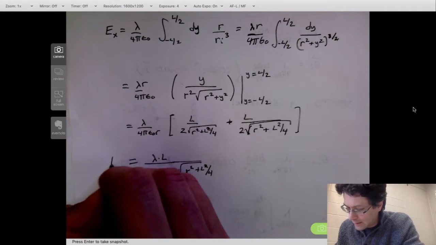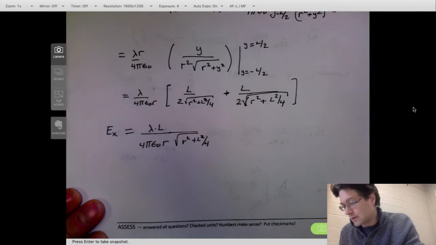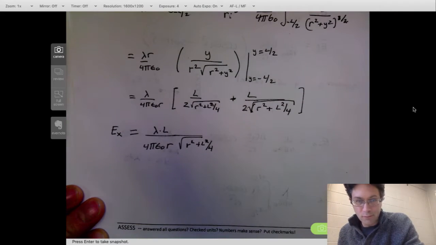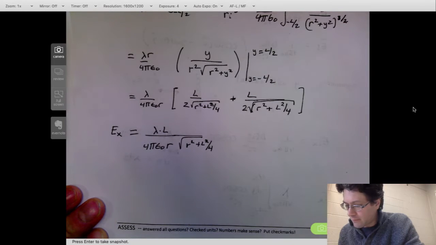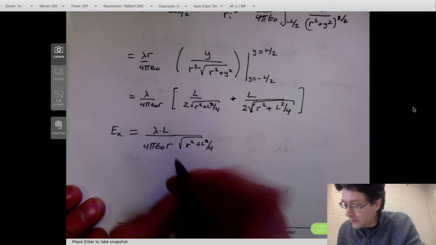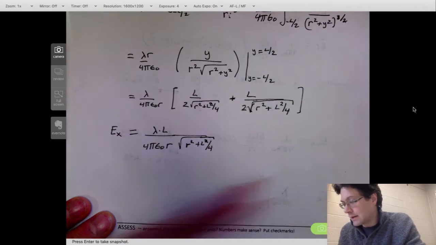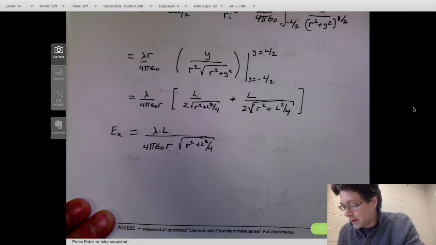That is the answer. That's the electric field in the x direction, which, since there's no y component, is the full thing. This is done in your book, so you can look at your book again also. It does take practice. I know this is scary, but it takes practice.